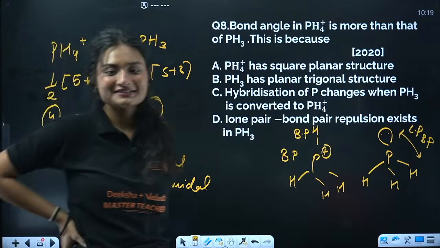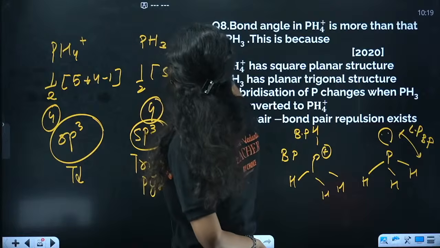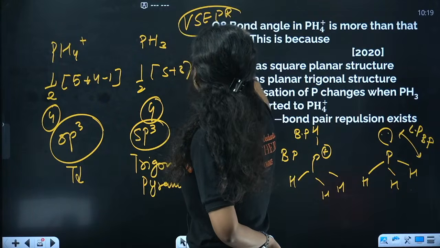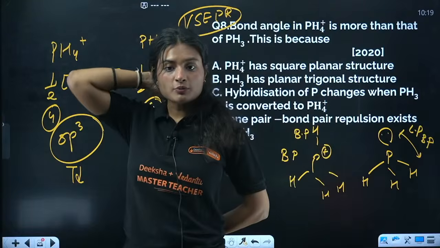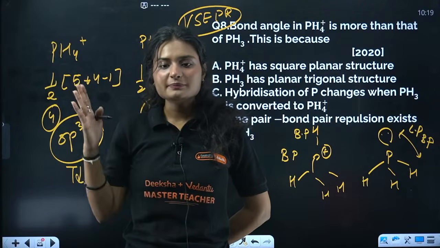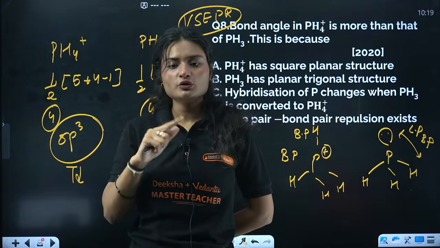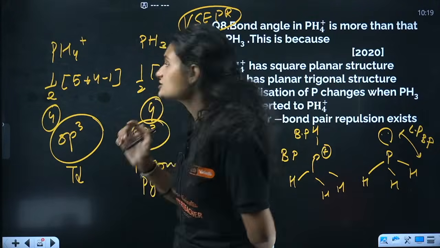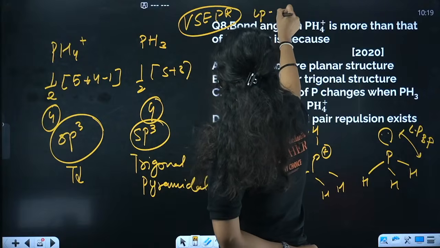Actually, the theory is VSEPR theory, not VBT. VBT tells about the bonds, sigma bond, pi bond. VSEPR theory tells about the repulsion between lone pair and lone pair, lone pair and bond pair, bond pair and bond pair. Which is the strongest repulsion? Lone pair, lone pair repulsion.